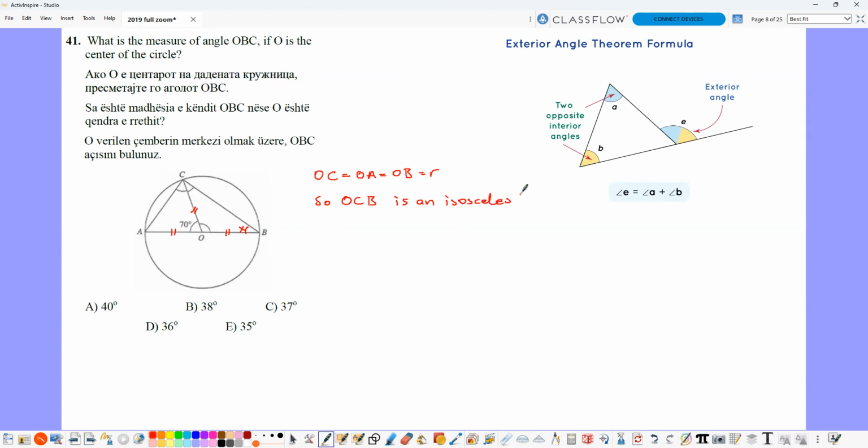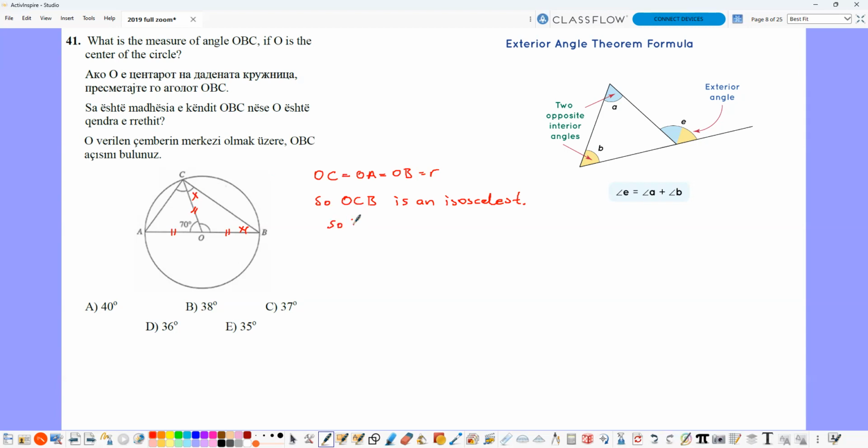What is an isosceles triangle? In English, two sides are the same. So this is a triangle with two sides the same, which means that in an isosceles triangle, the base angles are going to be equal to each other. So this should also be equal to x.